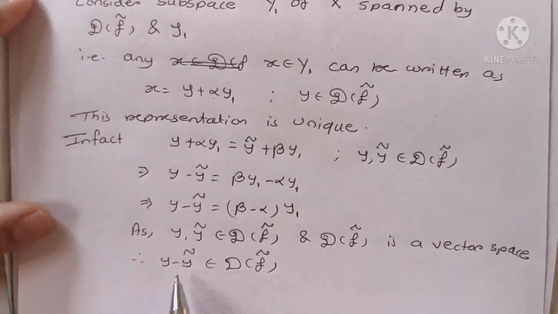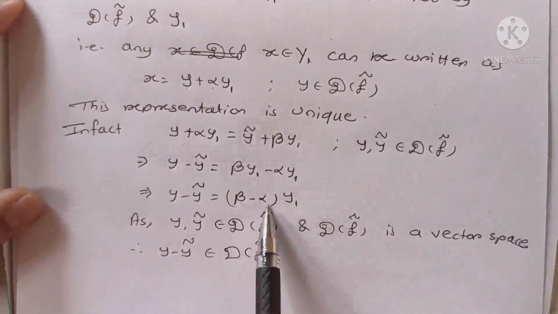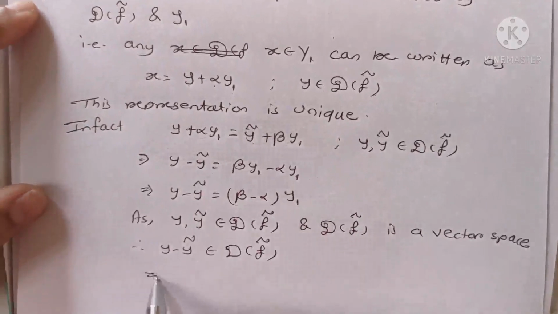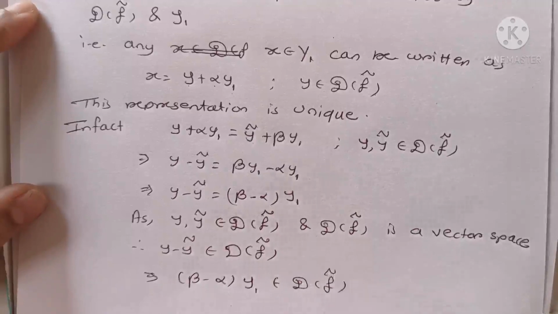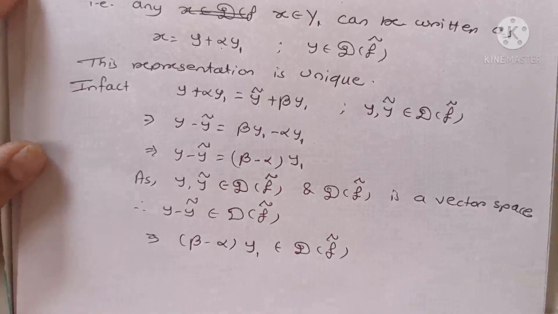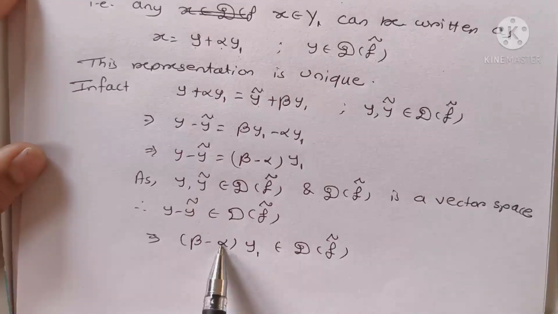But y minus y tilde is nothing but beta minus alpha into y1. This implies that beta minus alpha into y1 is also an element of the domain of f tilde.